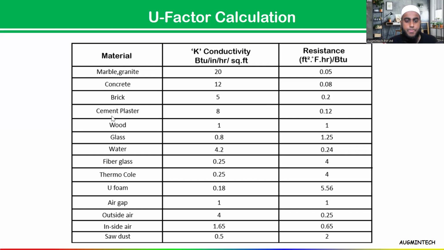The brick wall resists 0.2 square feet degree Fahrenheit hours per BTU. Based on the thickness, let's say if you have a 4-inch brick wall, then 4 into 0.2, so that much heat will be resisted by the brick wall. In the same way, if you have a wood material, that is a different value, so that is why you have to consider it.